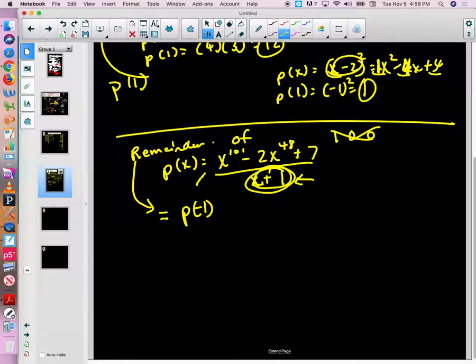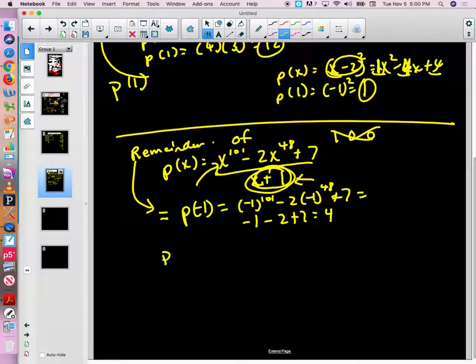So if you put negative 1 into this, you get negative 1 to the 101 minus 2 times negative 1 to the 48 plus 7. So this wasn't one of the questions, but you get negative 1 minus 2 plus 7. So your remainder would have been 4.